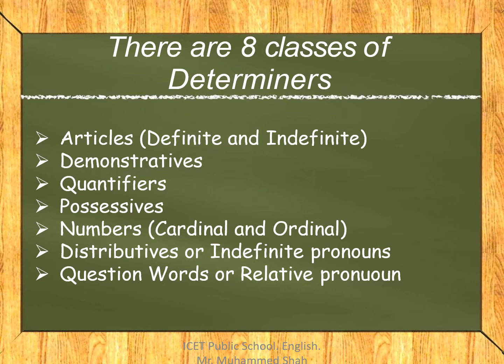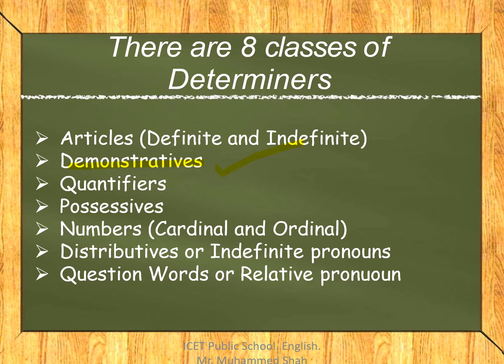Articles means 'a', 'an' and 'the'. Demonstratives are words like that, this, those, such kind of words, that are called demonstratives.